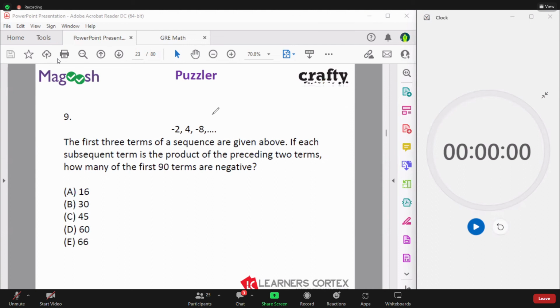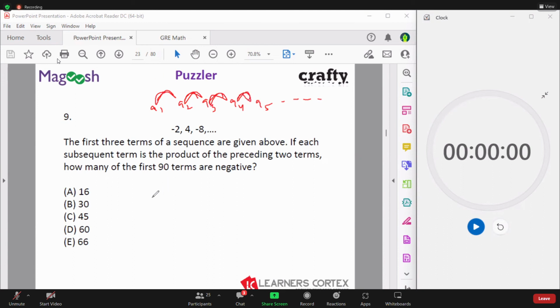Okay, so yes, basically, a series where the difference between two consecutive terms is always the same. Let's say there are terms A1, A2, A3, A4, A5, and so on, where the difference between two consecutive terms is always constant.